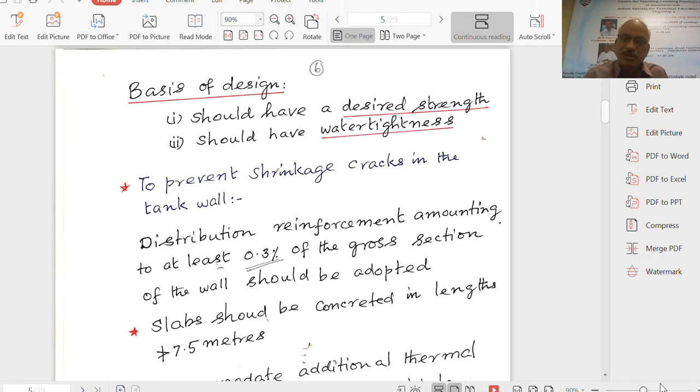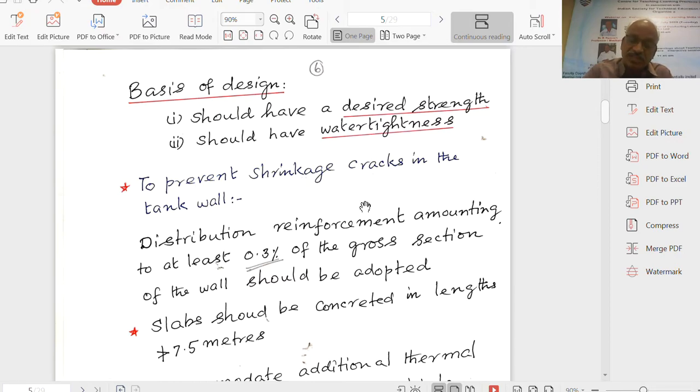Previous to the revision, earlier we used M20 for water tanks. Now we are supposed to use M25 as the minimum grade of concrete. So we have to take care of the strength, water tightness, and also try to prevent the shrinkage cracks.